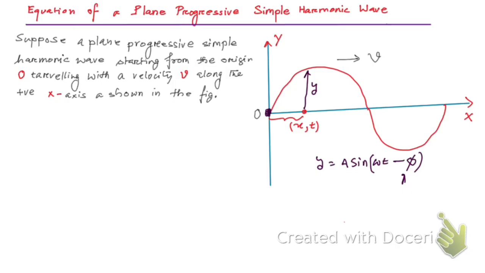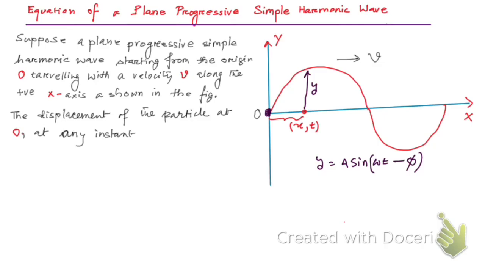Now let me write it clearly. The displacement of the particle at O at any instant t is given by y.